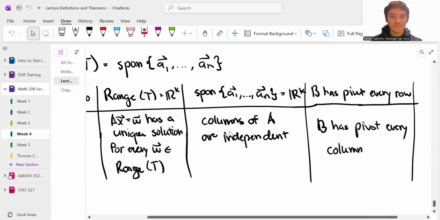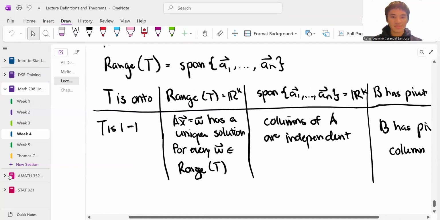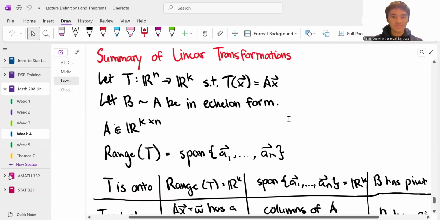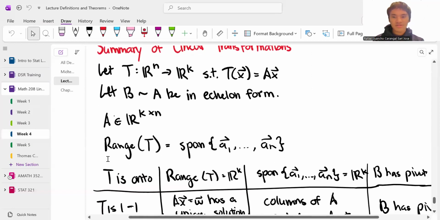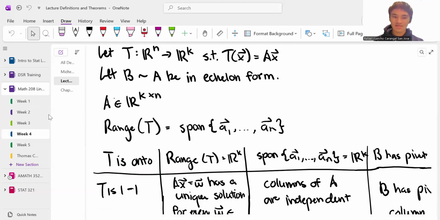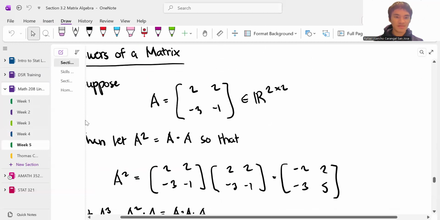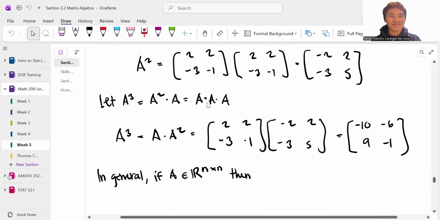Okay. I hope that makes sense. Okay, cool. Oh, yeah, and the range is equal to the span because they're both Rk. So lots and lots of buzzwords here, but we'll get through it. Okay, so right, we have.